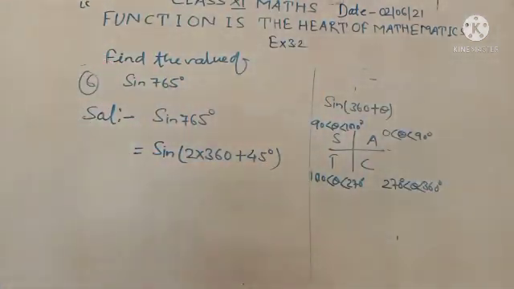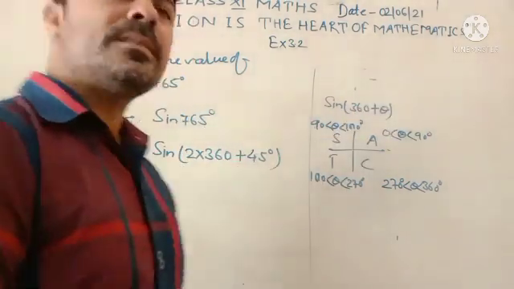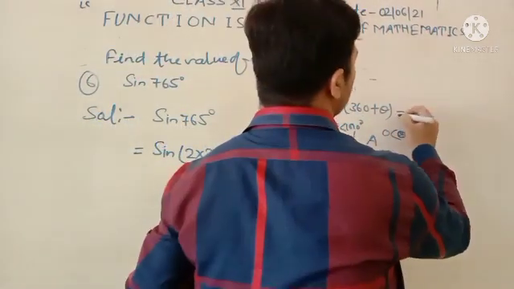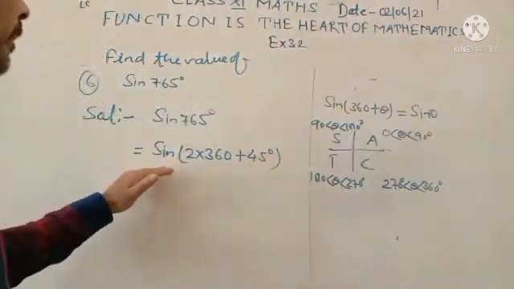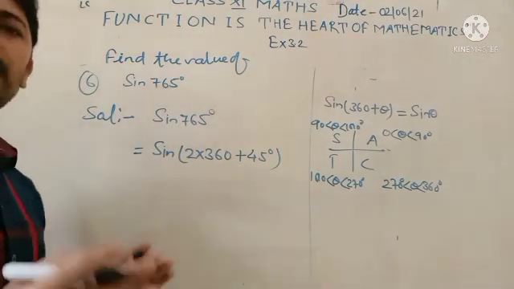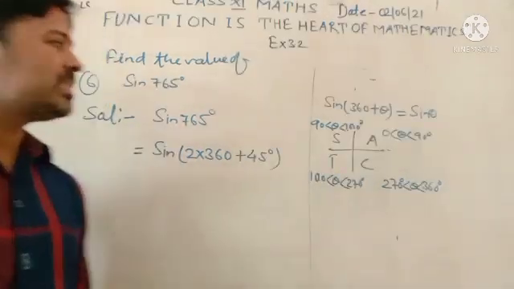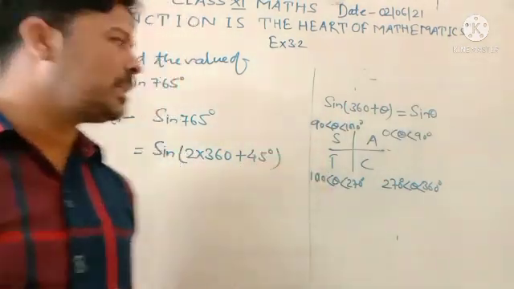Here you see that sin (360 plus theta) makes it sin theta. If it is a multiple of 360, it also works like 360 plus theta.